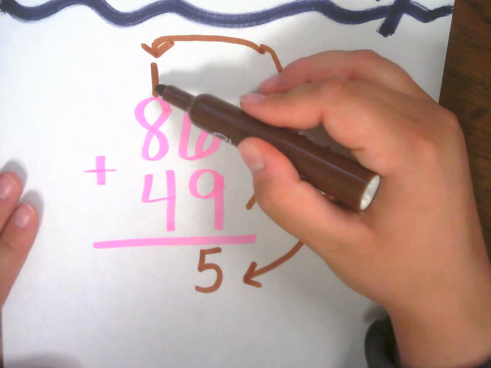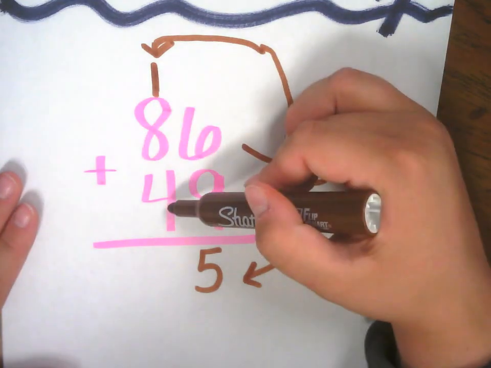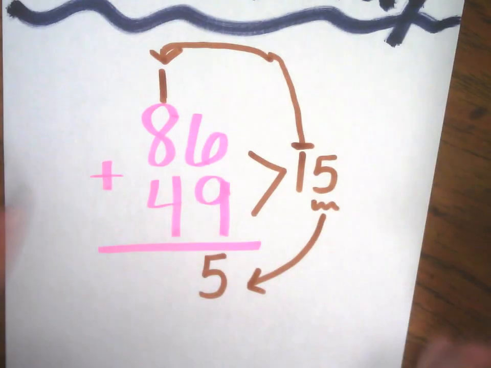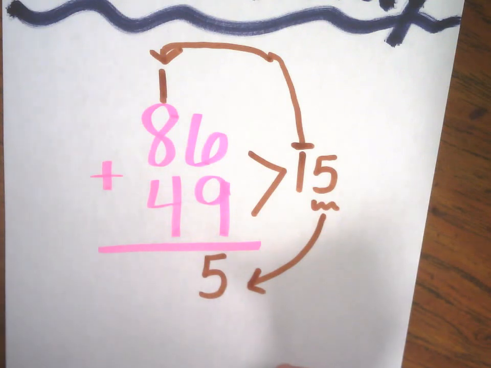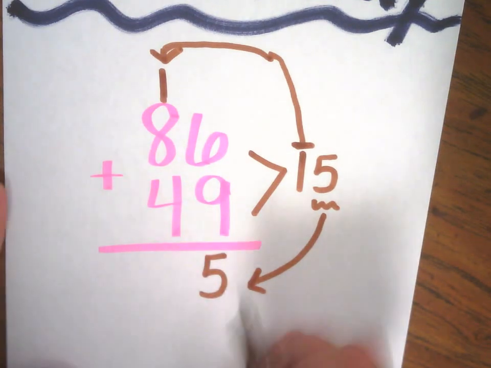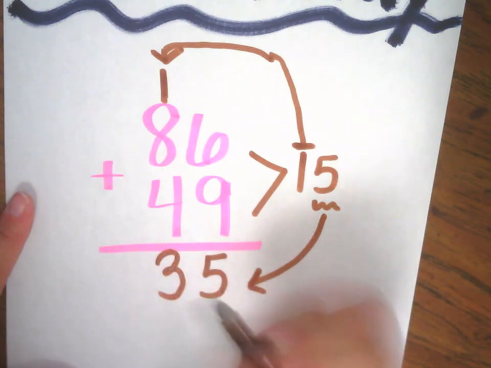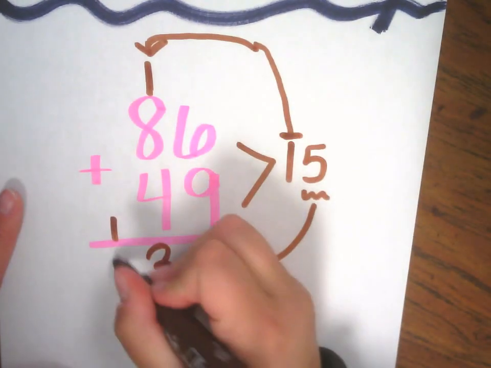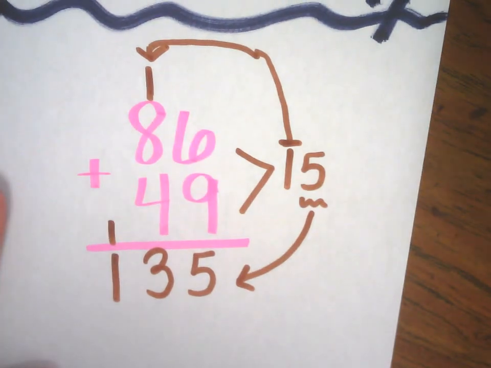This is 1 10 plus 8 tens plus 4 tens, which would give us 13 tens. So then, because it's 13 tens, that's not just 13, that's 130. So the 3 stays in the tens, and then I have that 100 that comes to the hundreds place, but I've got to bring that 100 down. So now I have 135.